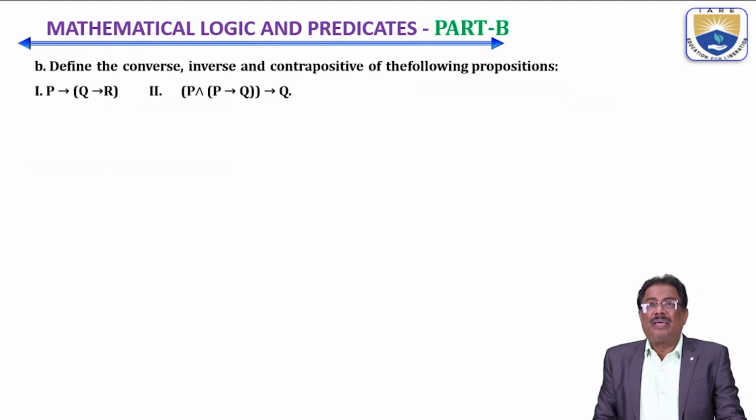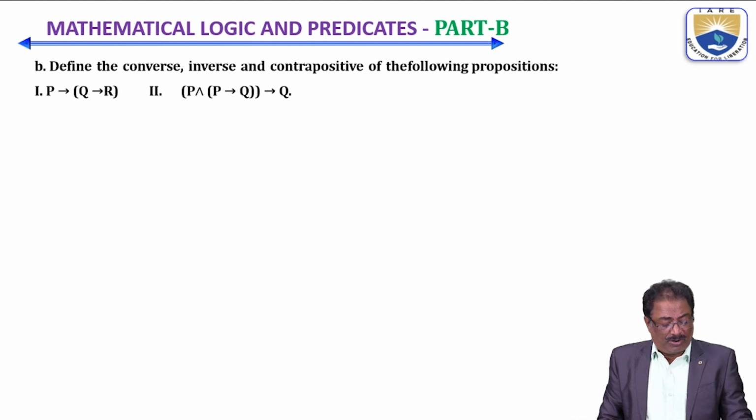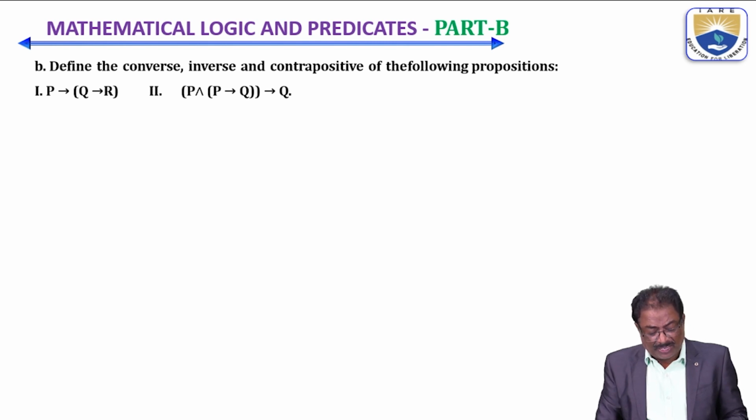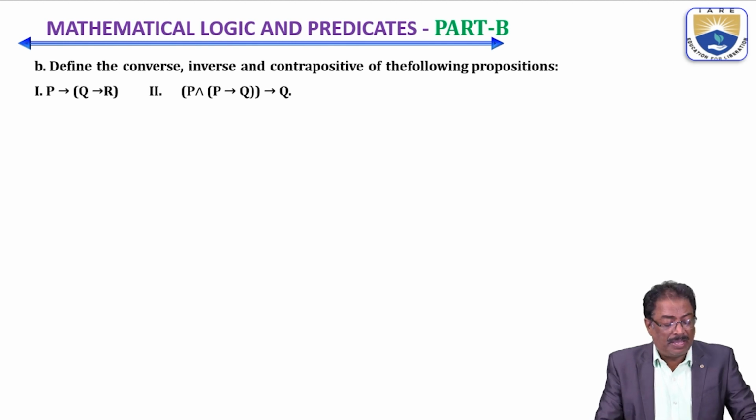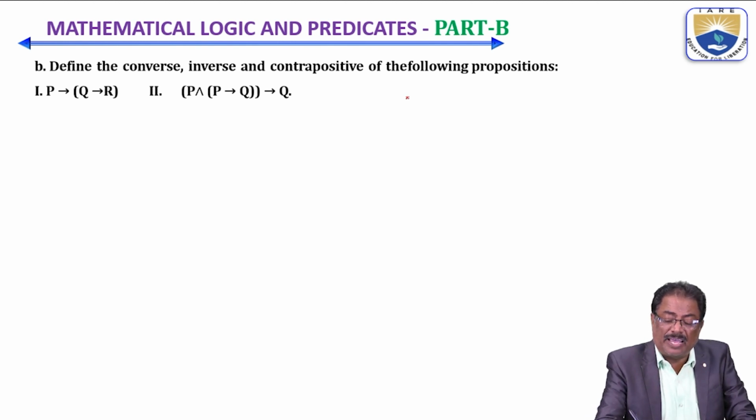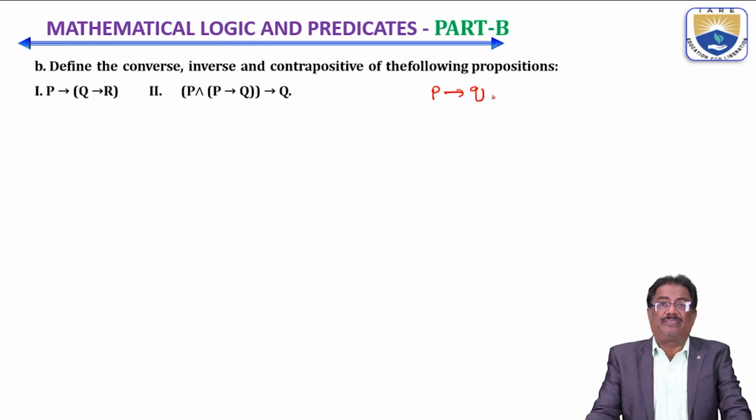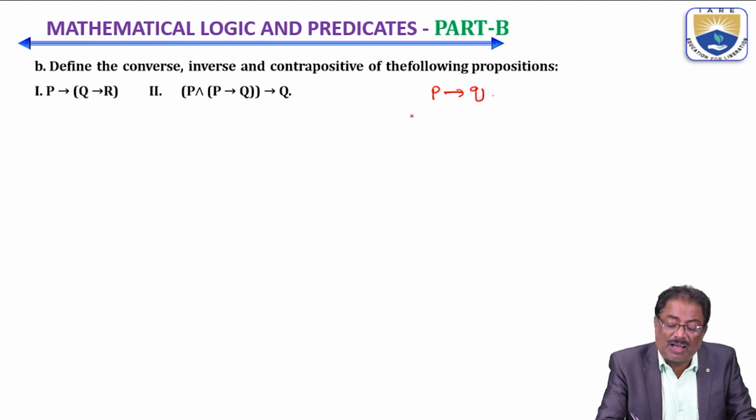Then in a similar way, we are going to find out the converse, inverse, and contrapositive. Let us take the implication. Let us say P to Q is there, then what is the converse of this?